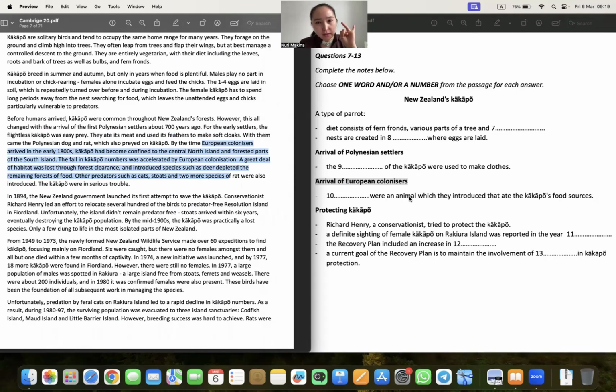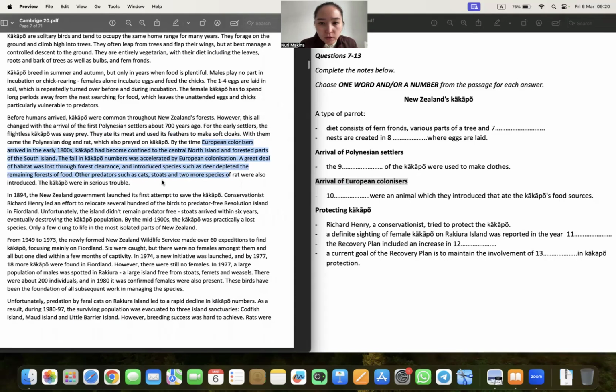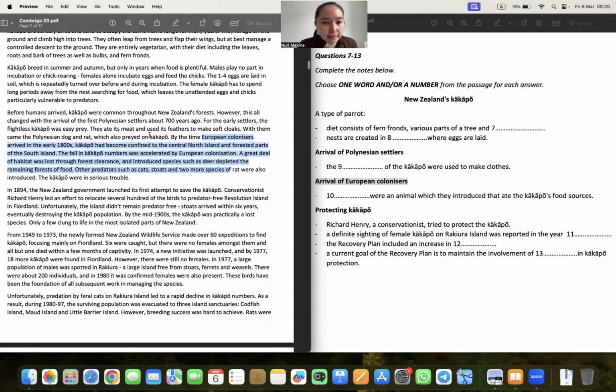Okay, so let's find out. And were an animal, it's also pretty important. So the keyword food sources, let's find out the food sources introduced and ate. Introduced species such as introduced, they depleted the remaining forests of food. Food sources is a paraphrasing of the word forest.